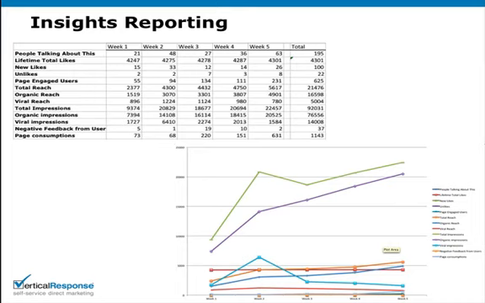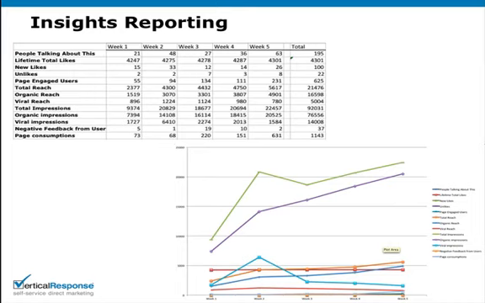You can put some pretty graphics together for your exec suite or anyone else that you're showing to. But you'll see, I just break it down by week, and then I do a monthly total, and I can report month over month or week over week. And these particular metrics are enough for me, as well as what I pull out of it.